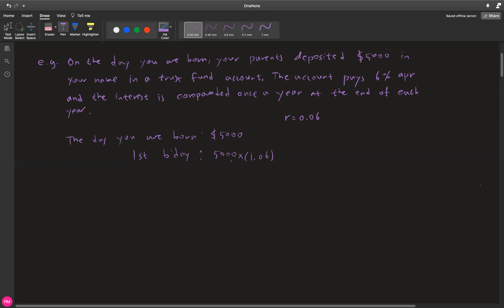If this line does not make sense to you, please go back and watch the videos about the exponential growth function. I think that's 9.3. So this is growing exponentially.